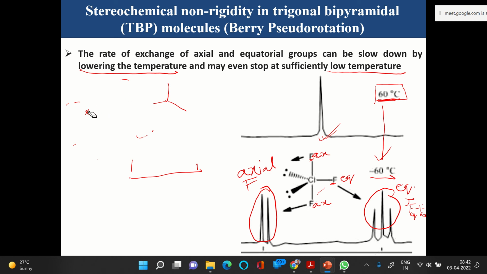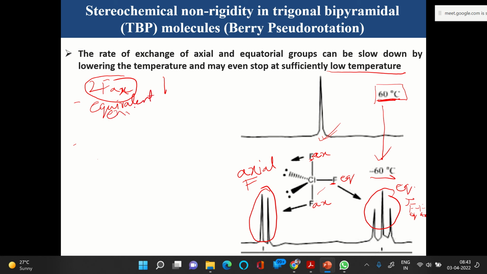In isolation, if you are viewing it, let me start again. Thinking of 2F axial, if there is nothing else, only one signal will be there for the two axial fluorine atoms, because they are in an equivalent environment.